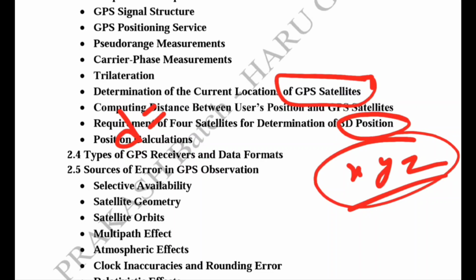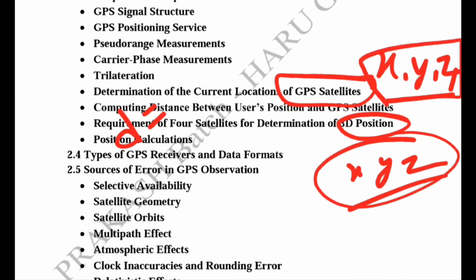Orbital information we already know about the satellites, so x1, y1 and z1 we can assume as the coordinates of the satellites, and these x1, y1, z1 and the distance between the receiver and the satellite are used to calculate the unknown location, that is x, y, z.